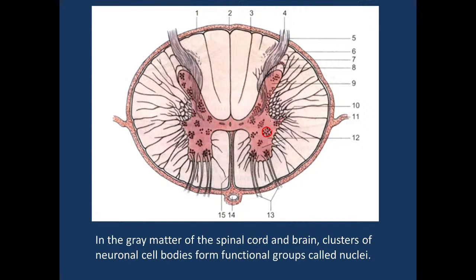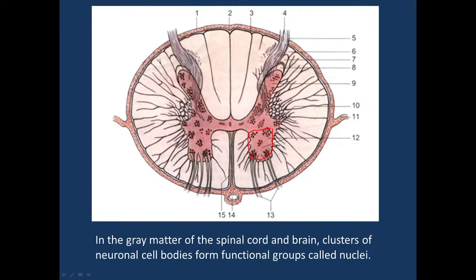The anterior gray horns contain somatic motor nuclei, which are clusters of cell bodies of somatic motor neurons that provide nerve impulses for contraction of skeletal muscles.